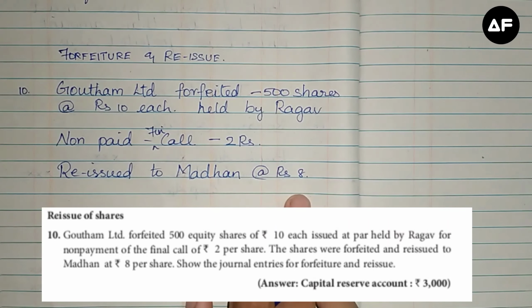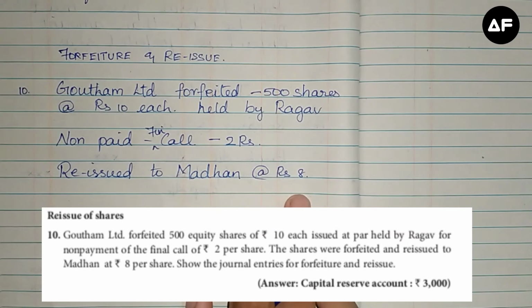Next is the reissue entry. The reissue of shares entry is Bank Account debit, Shares Forfeited Account debit to Share Capital. If you look closely, this is exactly the opposite of the forfeiture entry. In forfeiture, capital is debited, but in reissue, capital is credited.